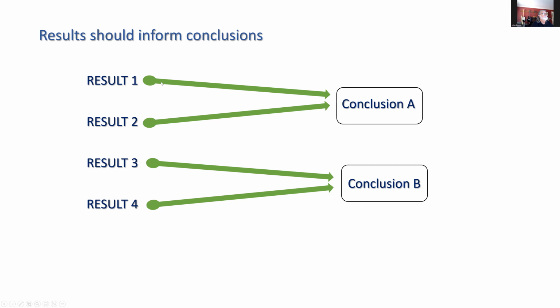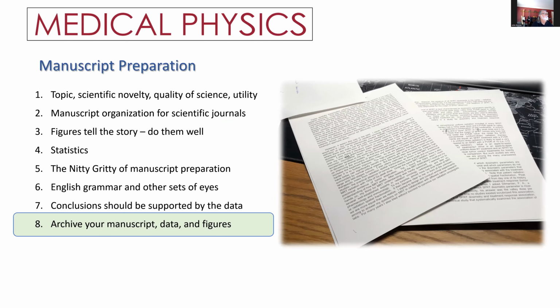Try to make the results flow cleanly into the conclusion, and that might mean editing the result, not changing it nefariously, but rather making it more straightforward in a manner that it leads to the reader understanding what your conclusions could be and what they are.